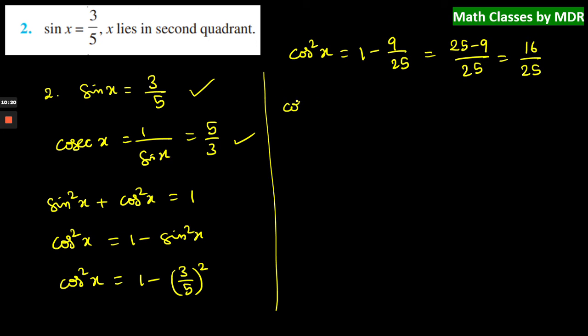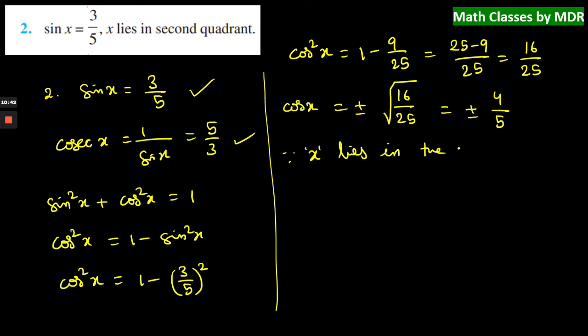Now what is cos x? Cos x is plus or minus root of 16 by 25. So it is nothing but plus or minus root 16 by root 25. So we can take it as plus or minus 4 by 5. Since x lies in the second quadrant, your cos x must be negative.